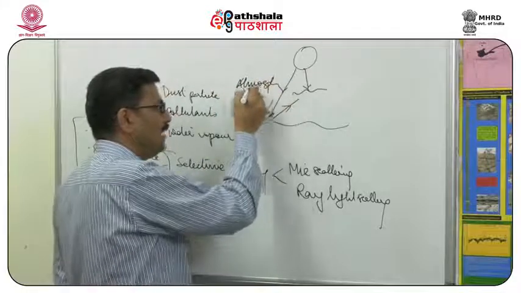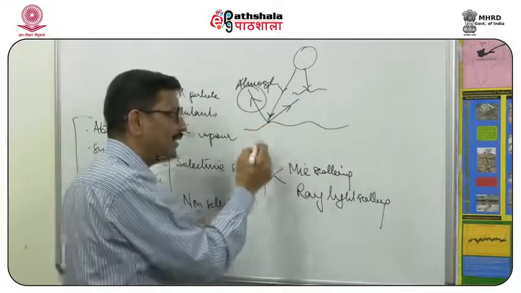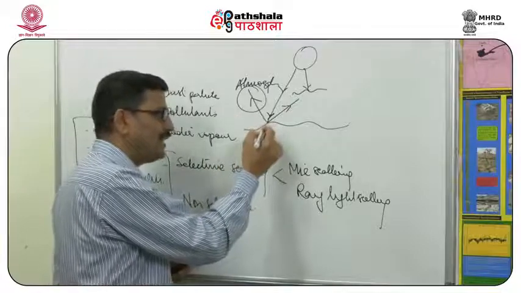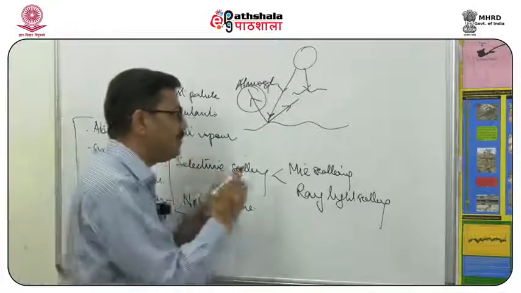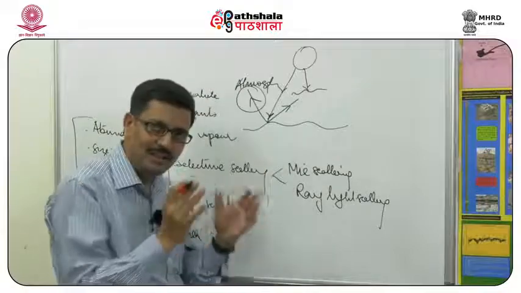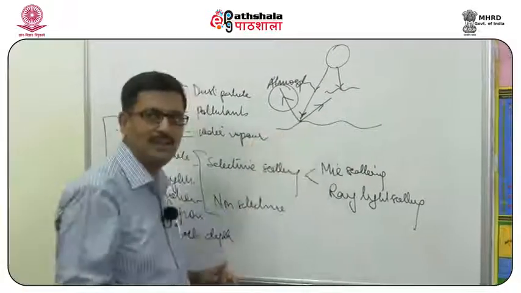So when it interacts with the surface of the earth, it reflects. A reflection of the energy takes place in different ways, and what the nature of reflection will be depends upon what kind of surface it is.